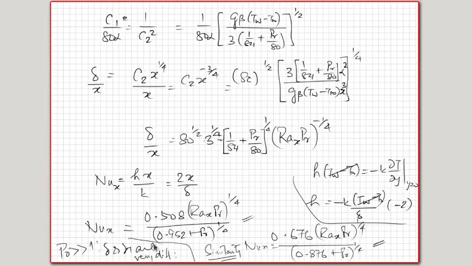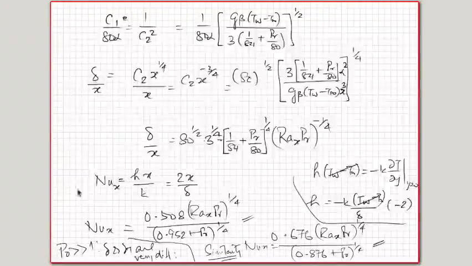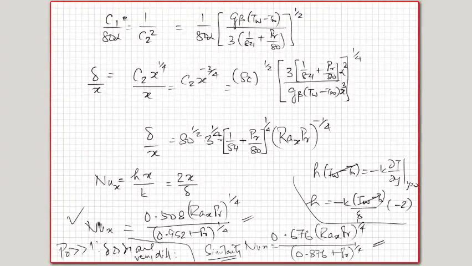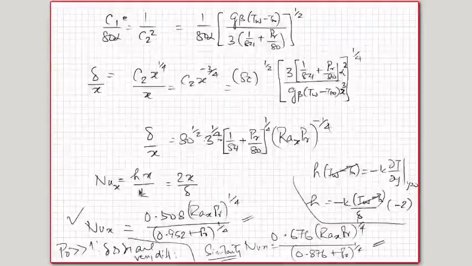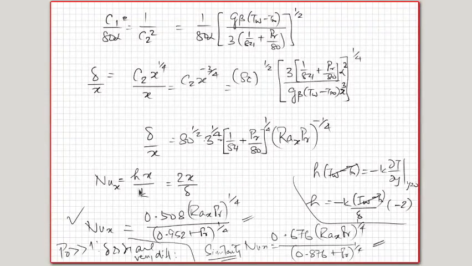So the boundary layer thickness is not correctly predicted by this method, but the Nusselt number prediction is reasonably good for practically the whole range of Prandtl numbers that we have got. Okay, so the Nusselt number prediction is reasonably accurate.